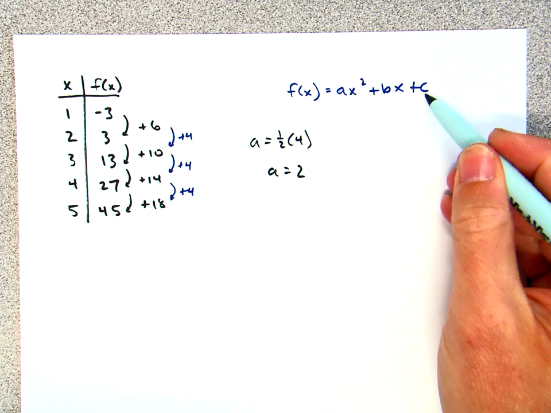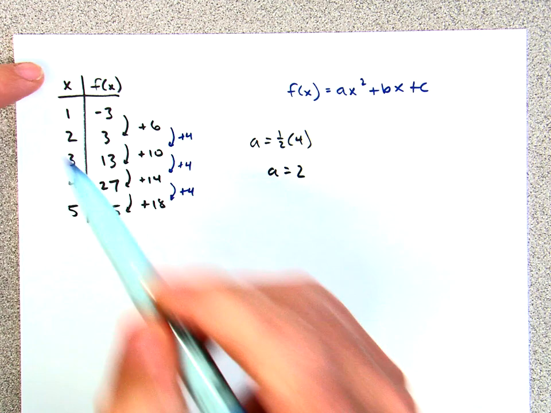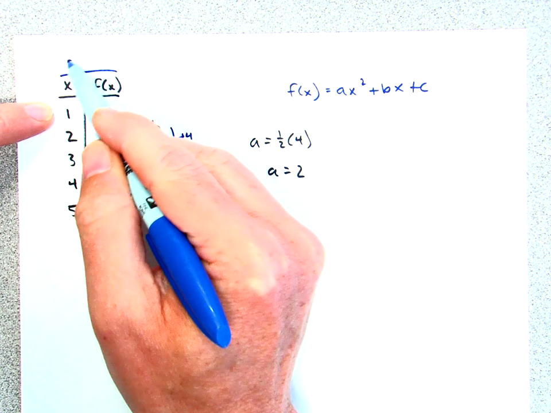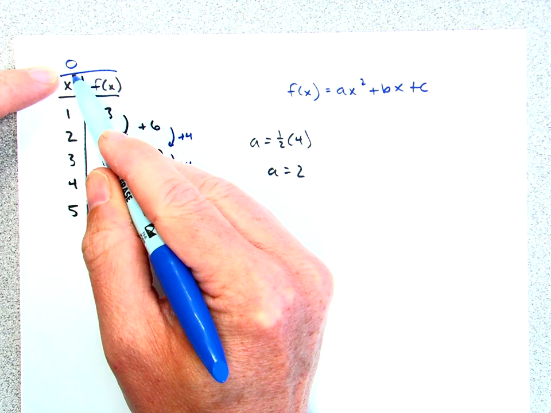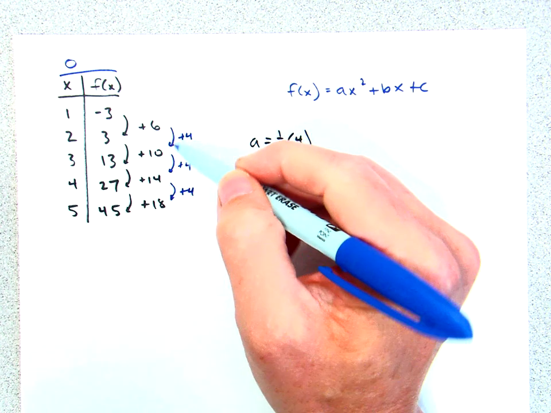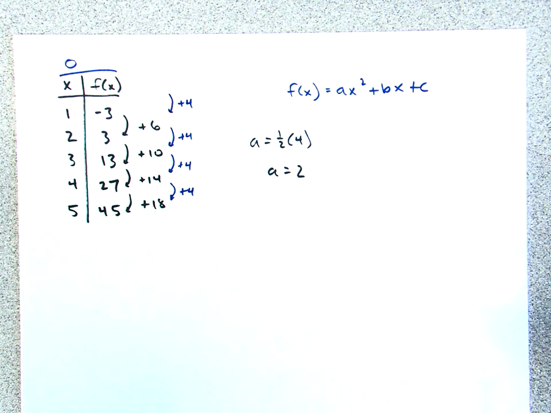The next easiest value to get would be C, because C is the y-intercept. So again, I don't have the y-intercept. I would need x to be 0 here. I'll just put it up here. I need x to be 0, and I want the y that goes with it. But again, we're going to follow this pattern. I know that this second order difference will still be a plus 4, right?